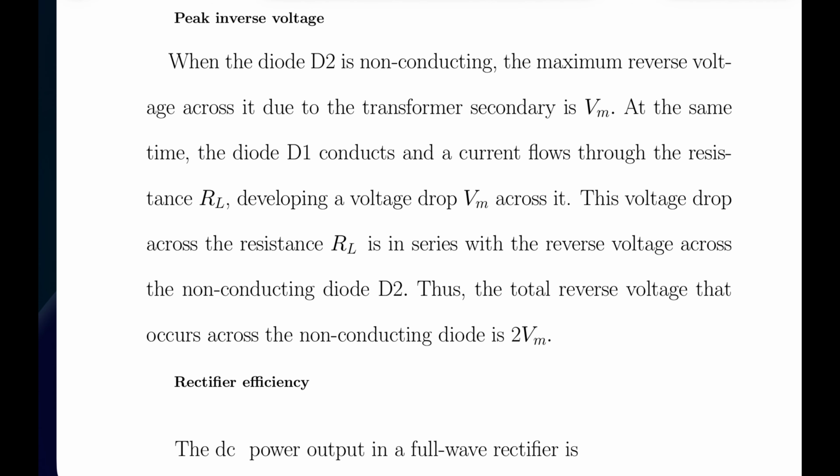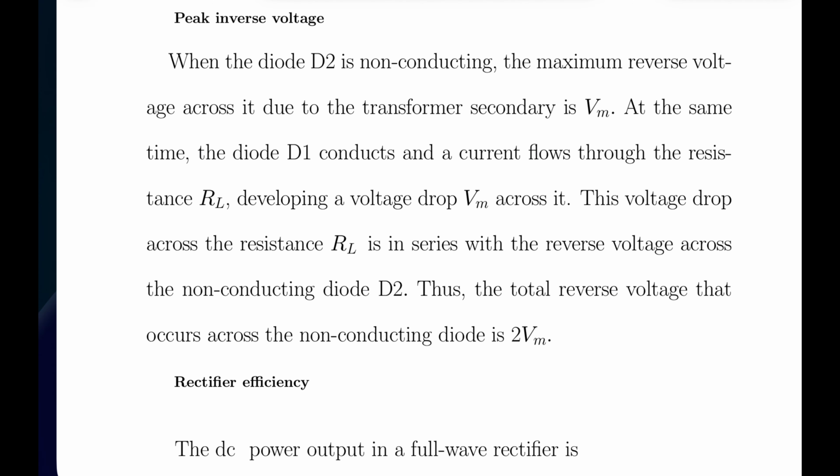At the same time, the diode D1 conducts and the current flows through the resistance RL, developing a voltage drop Vm across it. This voltage drop across the resistance RL is in series with the reverse voltage across the non-conducting diode D2. Thus, the total reverse voltage that occurs across the non-conducting diode is 2Vm.